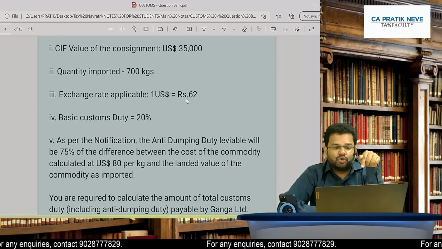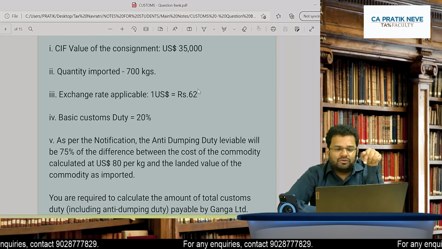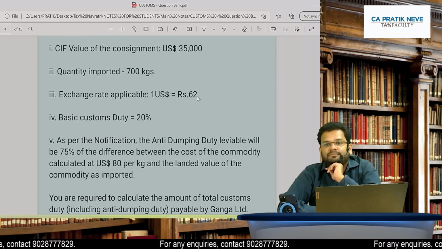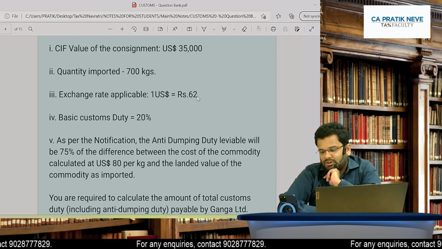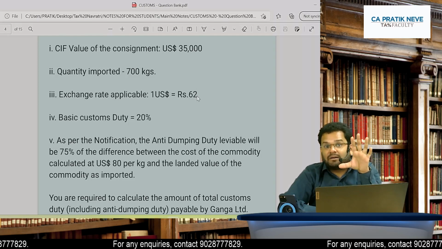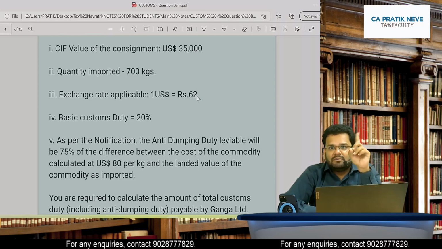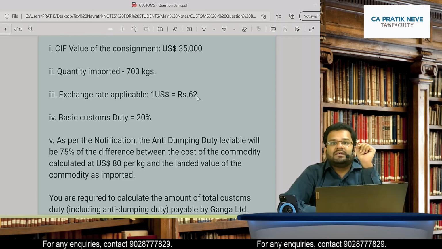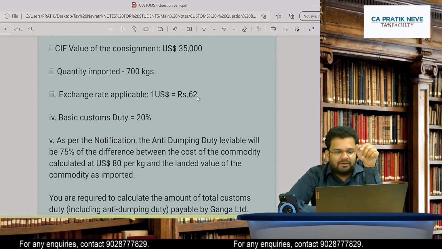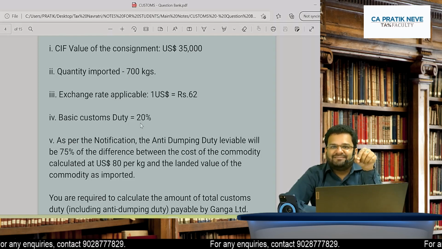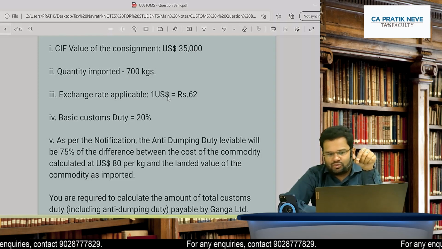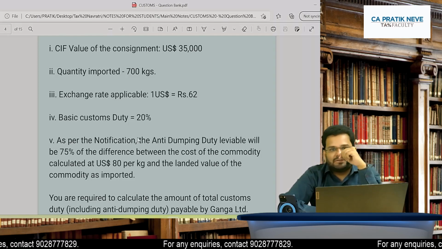But friends, in India, it is being sold at $35,000 into 62. What is 35,000 into 62? 21,70,000. But fortunately for the Indian importer, cost will not be 21,70,000. It will be 21,70,000 plus 20%. What is 21,70,000 plus 20%?